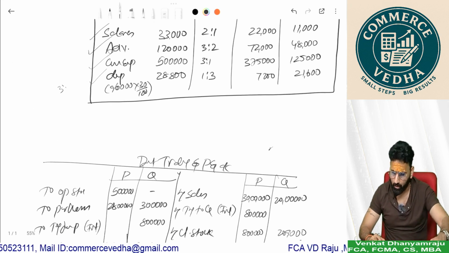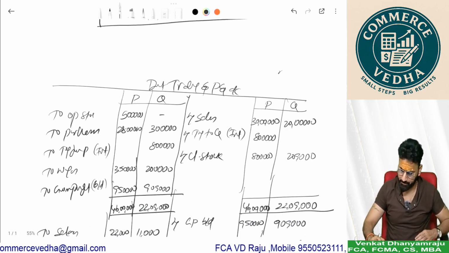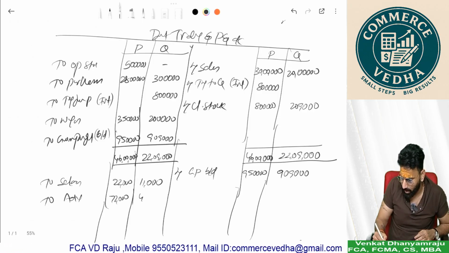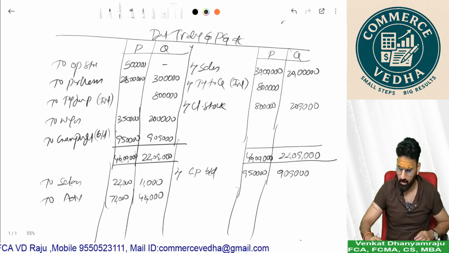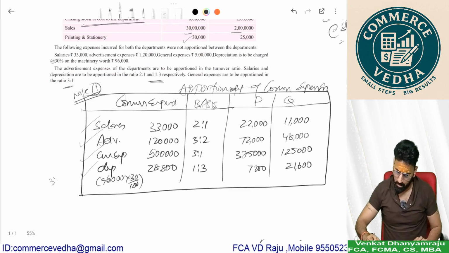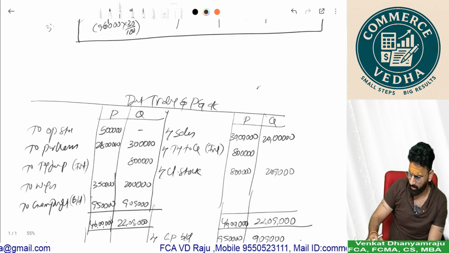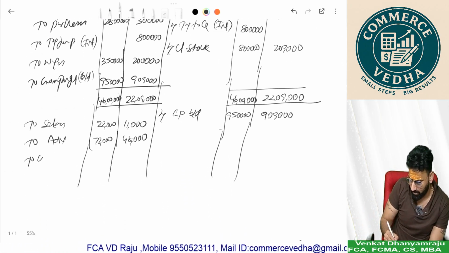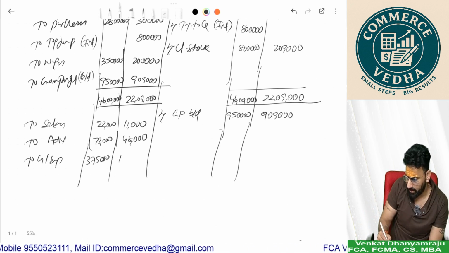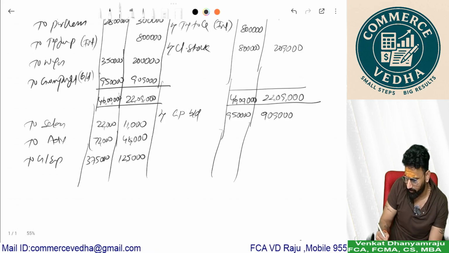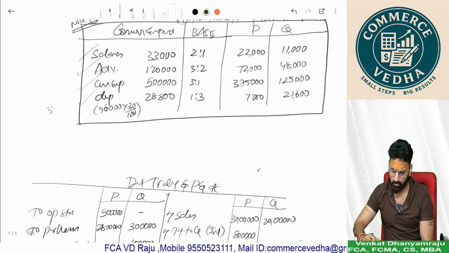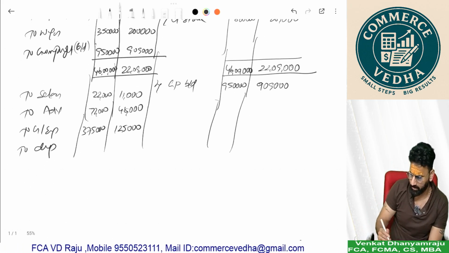Advertisement 72,000 and 48,000. General expense 3,75,000 and 1,25,000, and depreciation 7,200 and 21,600.